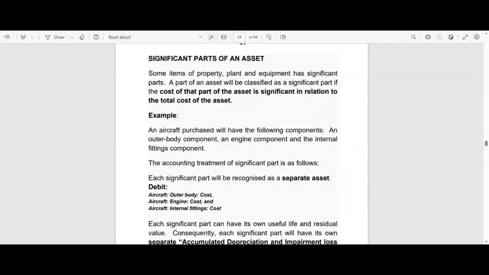Now, when we are identifying significant parts, ladies and gentlemen, we have to use an additional, a third identifier. So now we are going to add that third one. By the way, the colon, why we are using aircraft colon, outer body colon, cost, and so forth, is to integrate with computerized or electronic accounting packages, right?